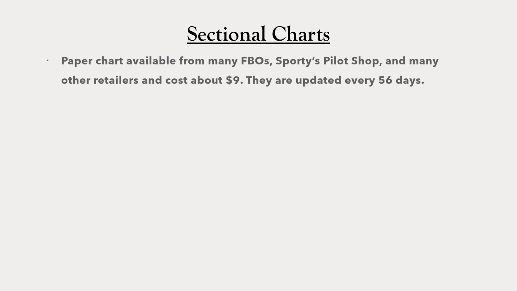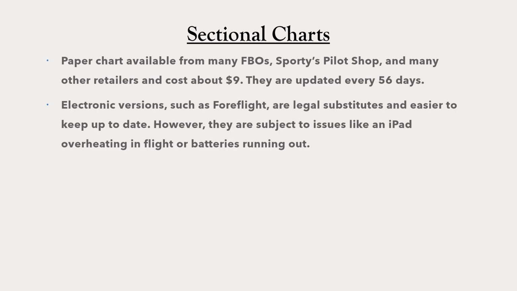They get updated every 56 days, so trying to keep an updated copy can get a little inconvenient and expensive. You can also use electronic versions. One example is ForeFlight. Those are legal substitutes for carrying the paper copies, and a little easier to keep up to date.